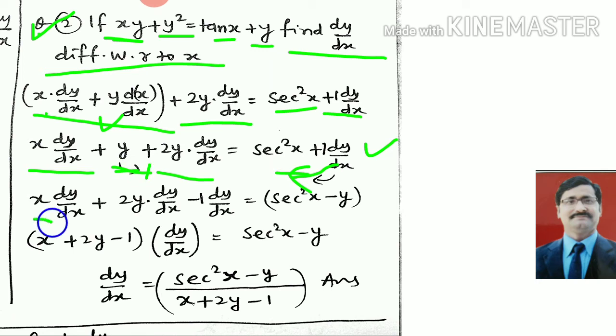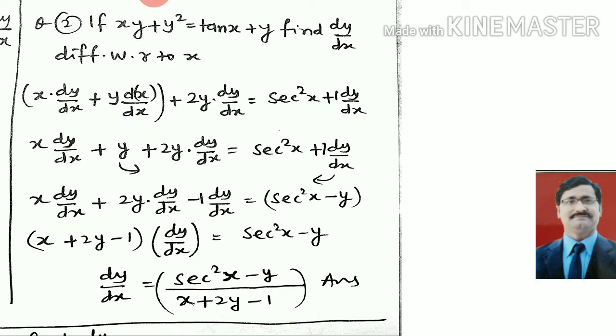You will get here x dy by dx plus 2y dy by dx minus 1 dy by dx equals sec square x minus y. Now dy by dx you take common, you will get (x plus 2y minus 1) dy by dx equals sec square x minus y. We have to find dy by dx, so you get dy by dx equals (sec square x minus y) upon (x plus 2y minus 1).